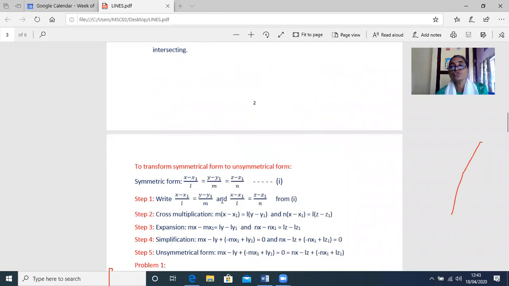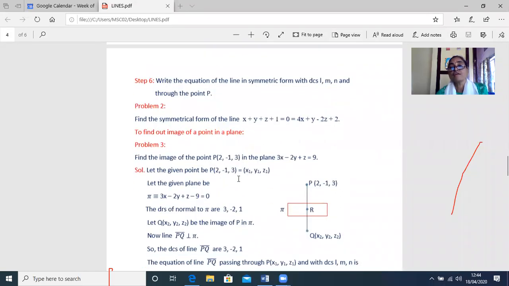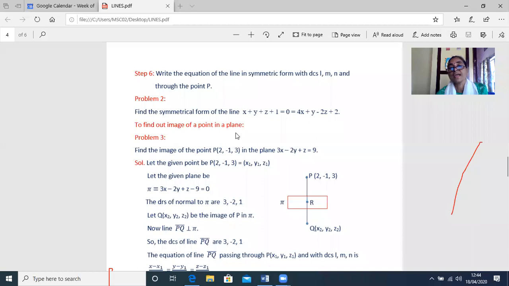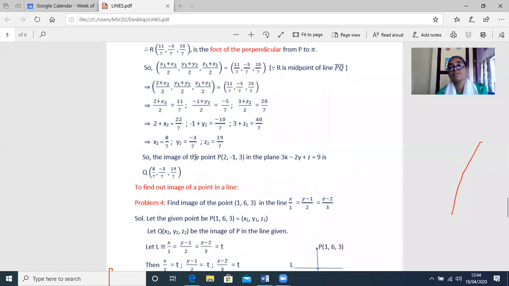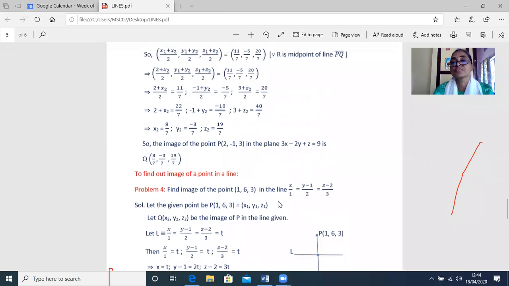One is how to transform symmetric form to unsymmetric form, how to transform unsymmetric form to symmetric form, and then you have seen how to find the image of a point in a plane, and finally the image of a point in a line. Please draw the figure first to understand what is given and what to do, and accordingly make use of the formulas which we learned, and then substitute and get the answer. All the best, girls. Any doubts?